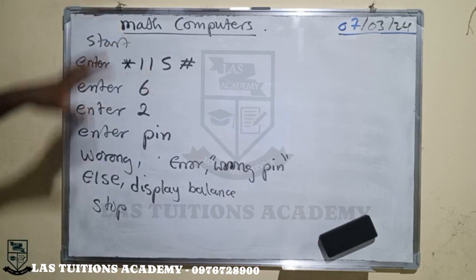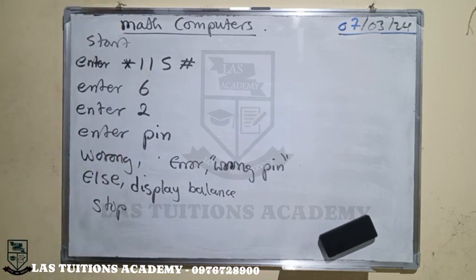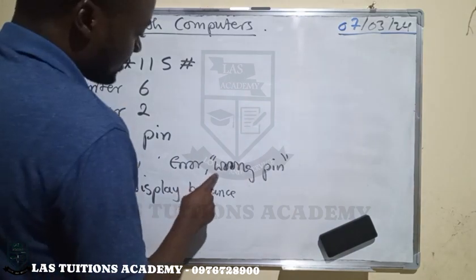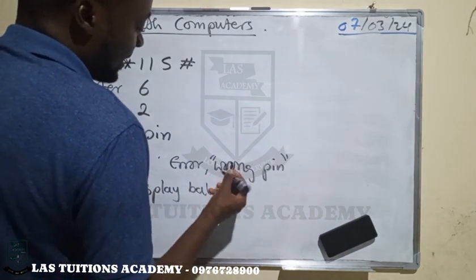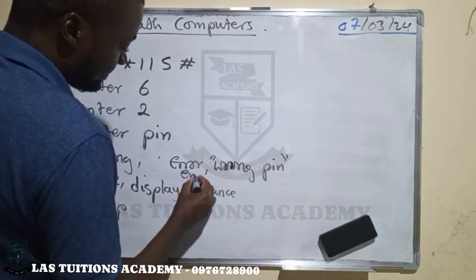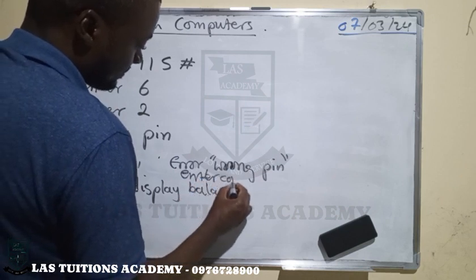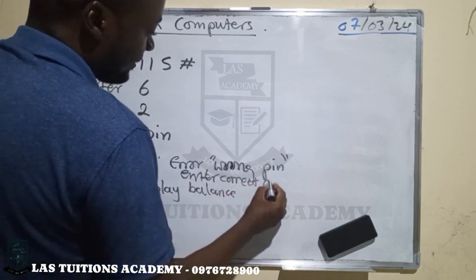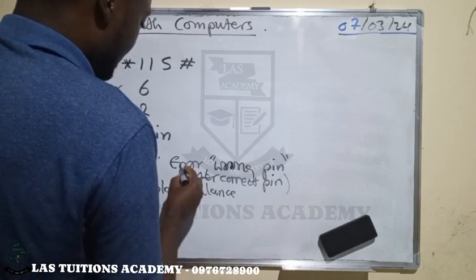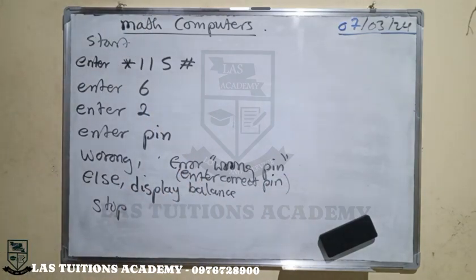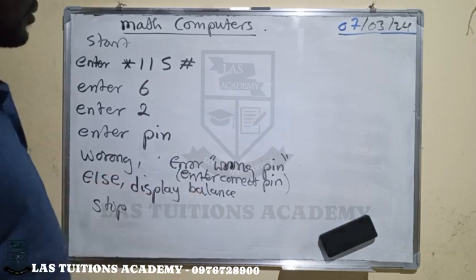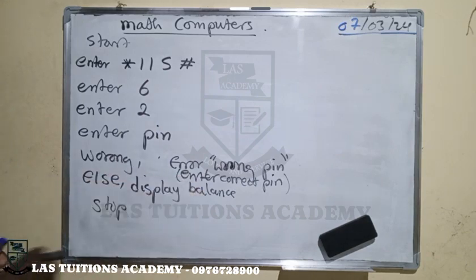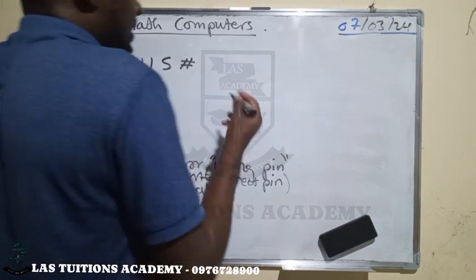Here the message will say error, wrong PIN, then enter correct PIN. That's what the message will say. Now in this computer, there are things that you need to know.